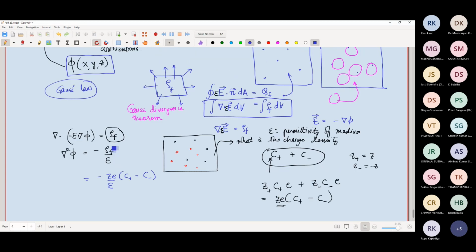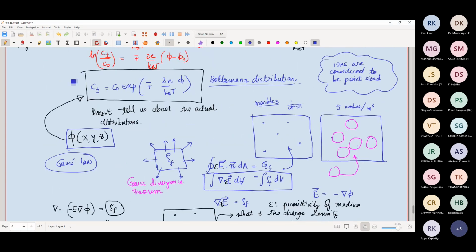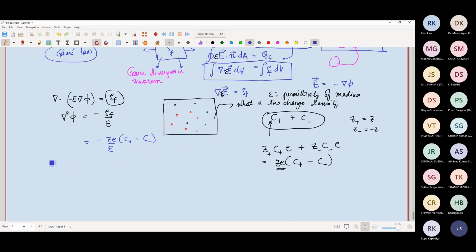Now C plus and C minus we have already obtained in terms of the potential. Just to recall that expression, C plus minus is equal to C naught exponential of minus plus Ze phi over kBT. So when we substitute this expression on the right hand side, we will have the Laplacian of phi is equal to minus Ze over epsilon.